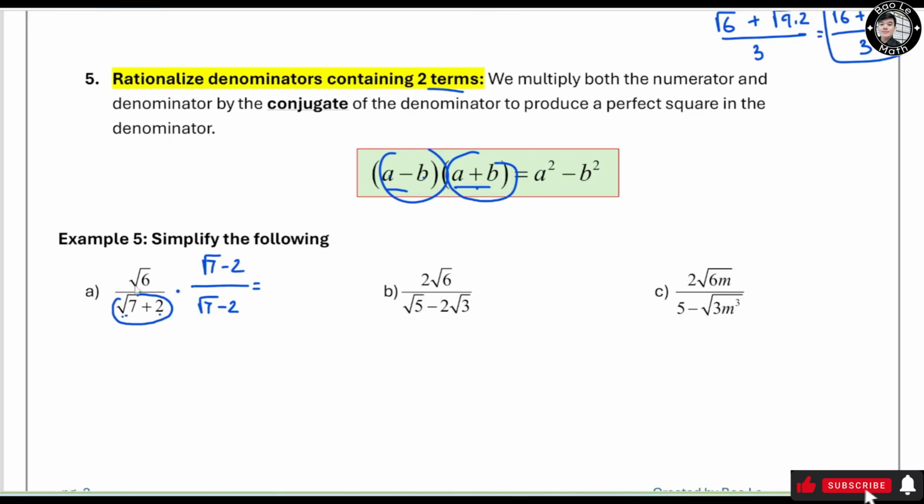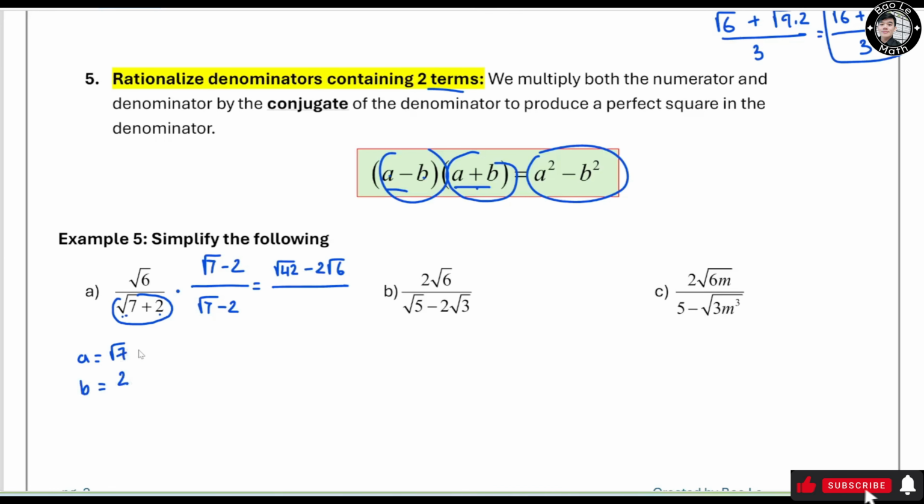Now we're going to distribute the numerator. Root 6 times root 7 is going to be root 42, right? Root 6 times negative 2 is going to be negative 2 root 6. The bottom becomes a squared minus b squared, where a equals root 7, b equals 2.